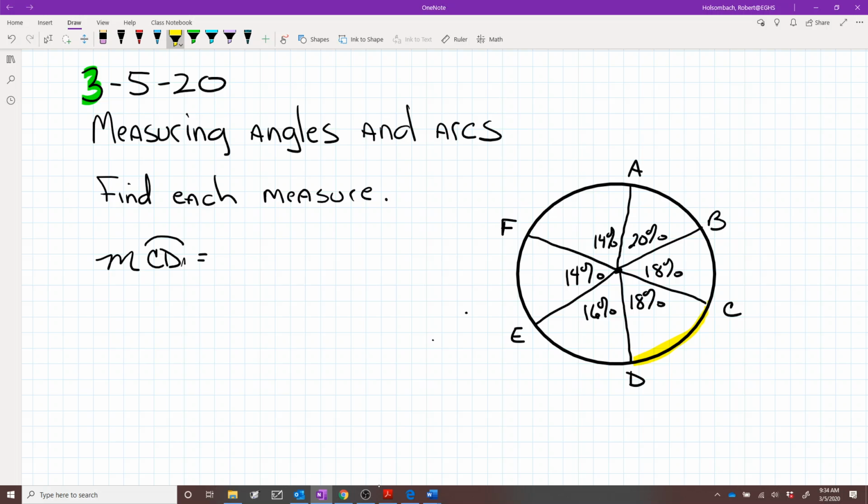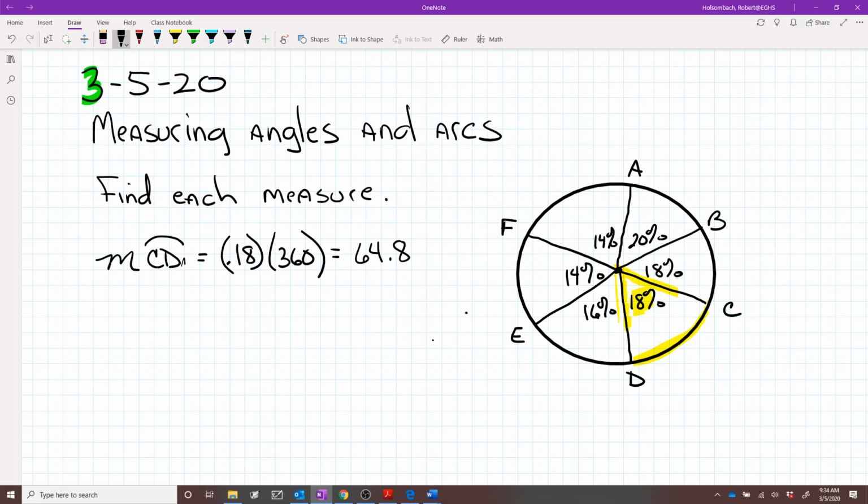In order to get arc CD, you need to know this central angle measure, which is the 18%. But it's 18% of 360. So to find the measure of arc CD, you take 0.18 and multiply it by 360. And that's 64.8.